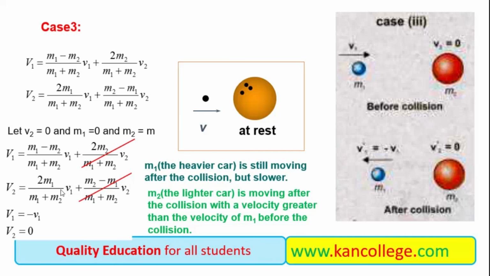And in the second equation, as m1 is equal to 0, the whole term becomes 0, v2 dash is equal to 0. It means that the very lighter ball will collide with the heavy ball and it will repel back with the same velocity without affecting the heavy ball. The heavy ball still remains at rest, but the lighter ball comes back with the same velocity.